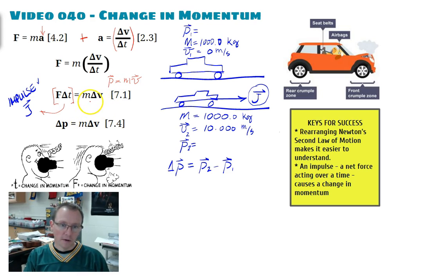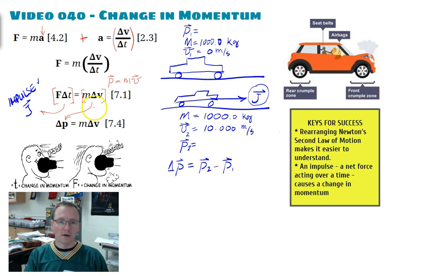So we take this stuff right here, this right-hand stuff, and we assign it the variable delta p. Delta p stands for the change in momentum. And so this right side is the change in momentum. So this formula is known to physicists as the impulse momentum theorem, or you could say impulse equals change in momentum.